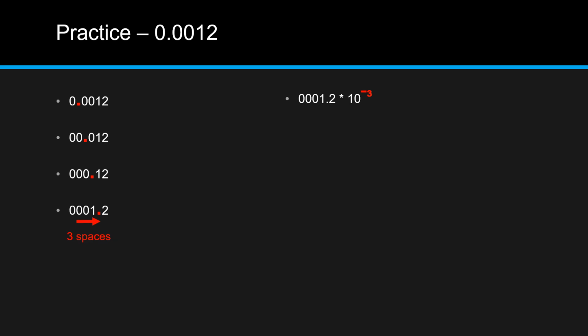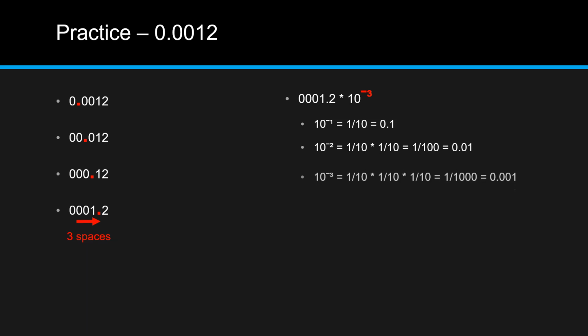other direction. This may not truly make sense until later years of math, but when you're multiplying a number by 10 to the negative power, you're actually multiplying it by 1/10 a few times. So for example, 10 to the negative first power is the same thing as 1/10. 10 to the negative second power is the same thing as 1/10 times 1/10, which is the same thing as 1/100th. 10 to the negative third power is the same thing as 1/10 times 1/10 times 1/10, which is the same thing as 1/1000th.